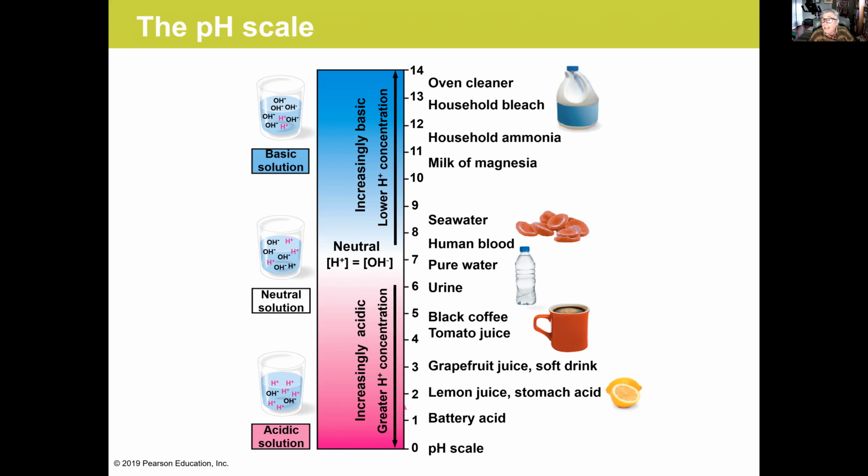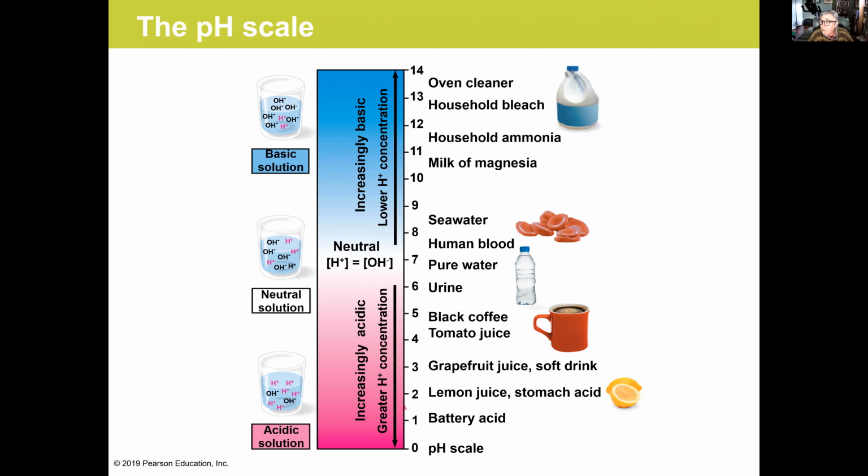There's the pH scale right there. It's a scale of 0 to 14. It's a logarithmic scale. Don't worry, I'm not going to go into logs. Well, for example, neutral pH is pH 7.